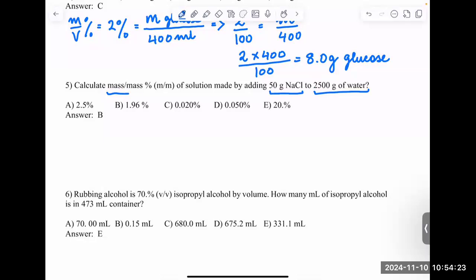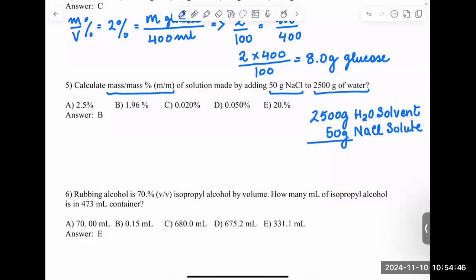The formula is for the solution, so you will have to do the adding. 2500 grams is the water, the solvent, and in that you add 50 grams of NaCl, the solute. When you add the two together, this becomes 2550 grams of solution. And this is the number you will use.